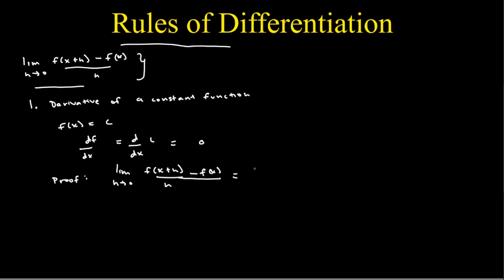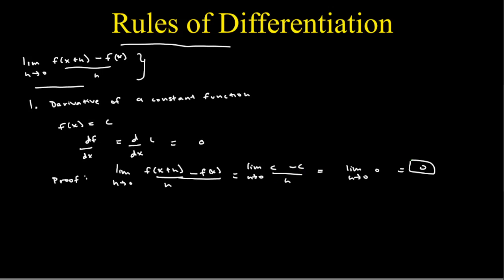And we know that f of x plus h is always c, and similarly, f of x is always c. So that's just equal to the limit as h tends to 0 of 0, so then we get 0. Okay, so that's the derivative of a constant function.